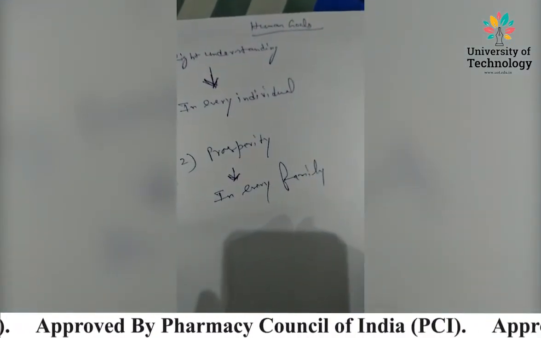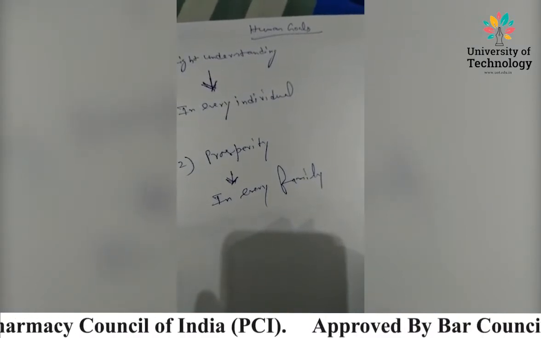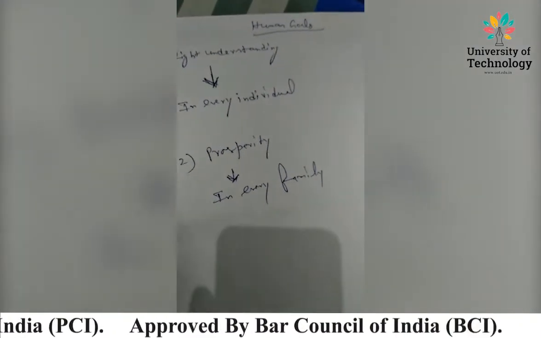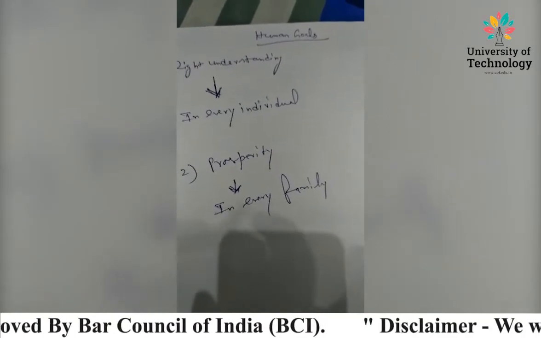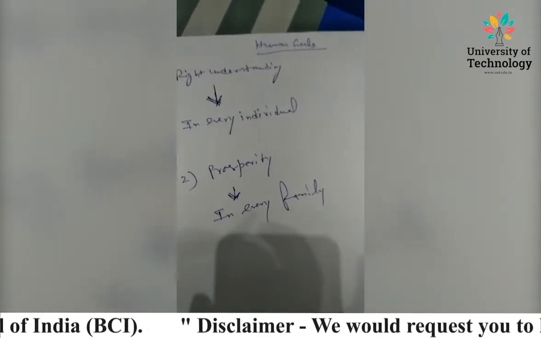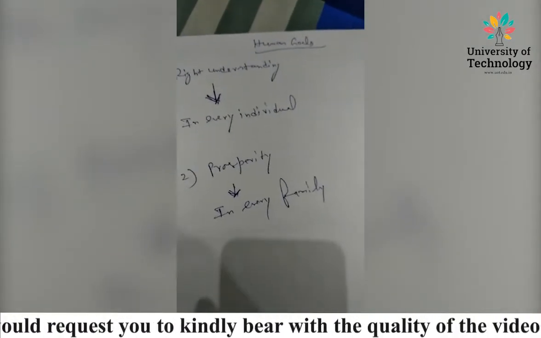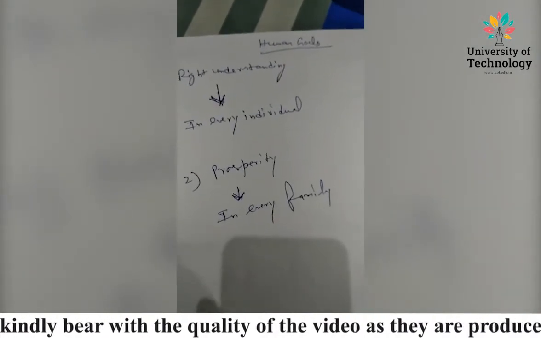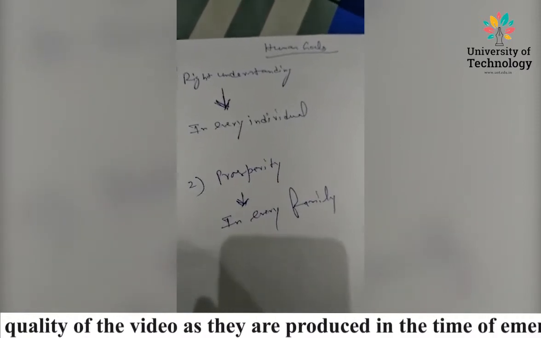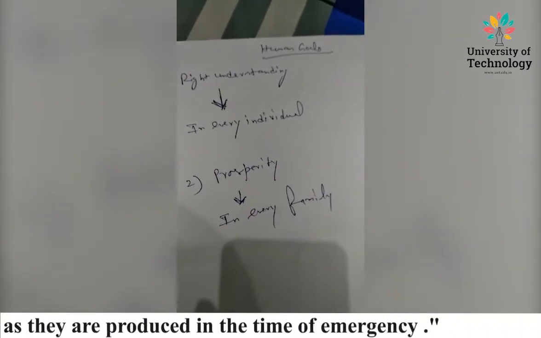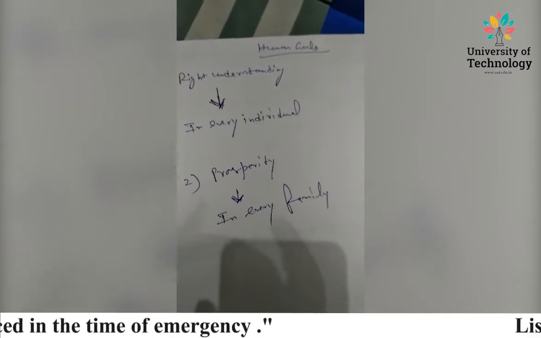Prosperity is needed in every family. So how to define prosperity? Prosperity in the family means that the family is able to identify its need and is able to produce or achieve more than its requirements.